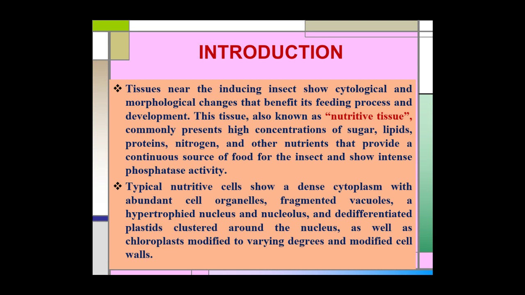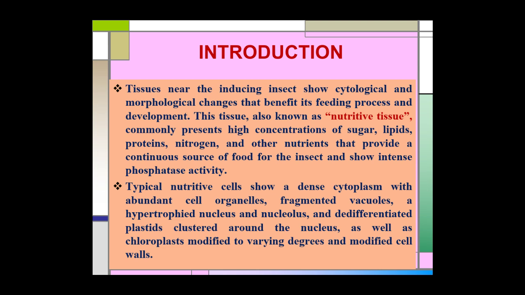Tissues near the inducing insect show cytological and morphological changes that benefit its feeding process and development. This tissue is known as nutritive tissue, and it presents a higher concentration of sugar, lipids, proteins, nitrogen, and other nutrients that provide a continuous source of food for the insect, and shows intense phosphatase activity.